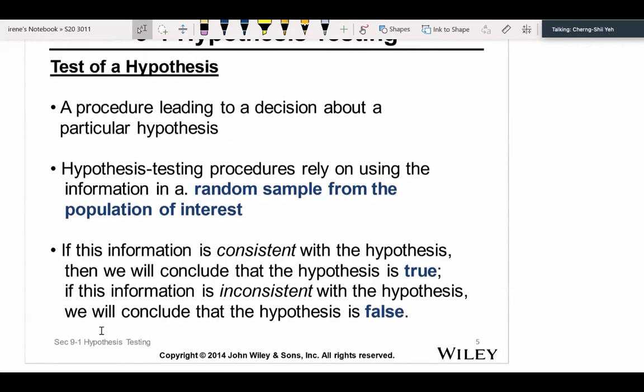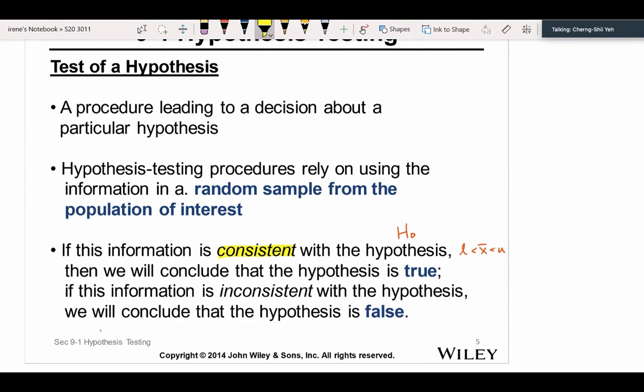And how to draw conclusion? We compare this sample information to see if it's consistent with the hypothesis. Hypothesis here is referring to the H0 specifically. If the information is consistent, that means my X bar is located between my lower bound and upper bound of the confidence interval.